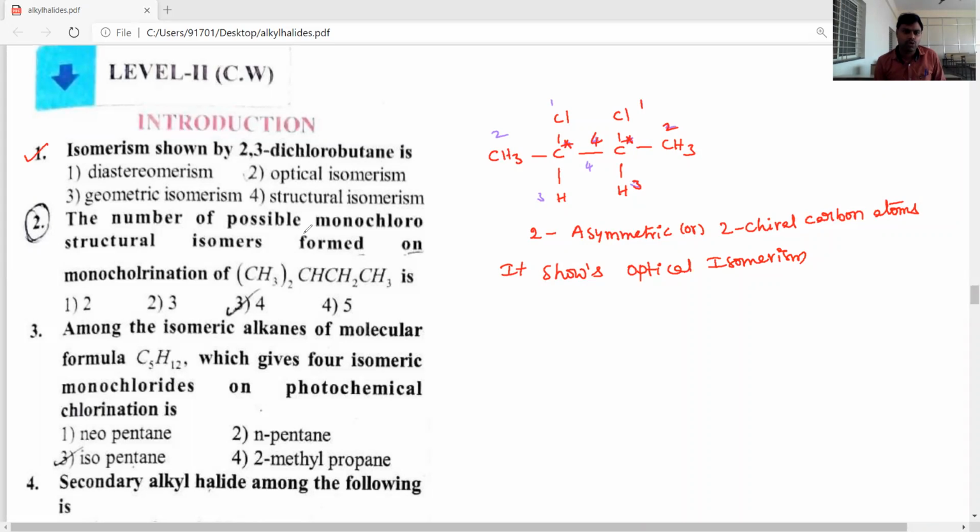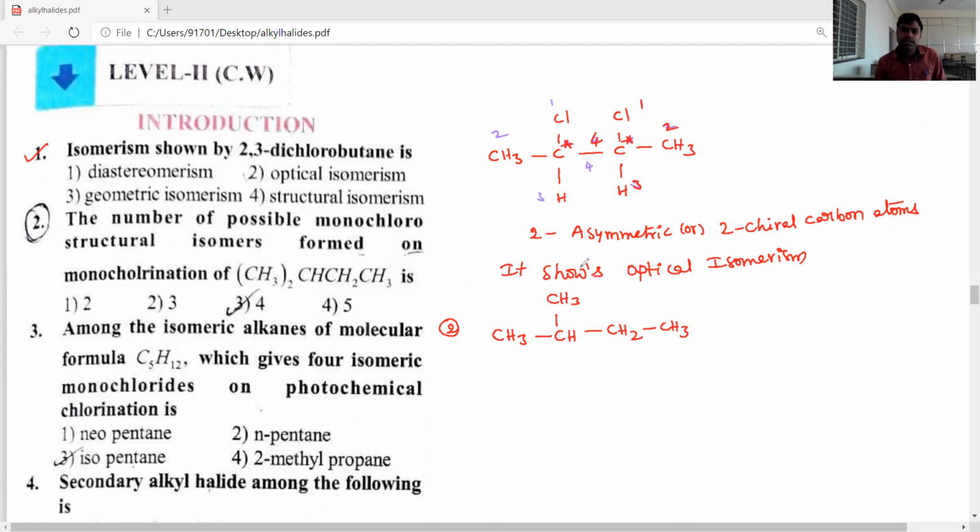Let's see the second question. The number of possible monochloro structural isomers formed on the monochlorination of isopentane, CH3, bond CH, bond CH3, bond CH2, CH3.